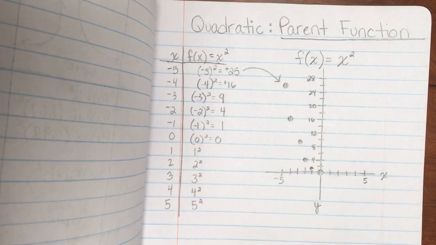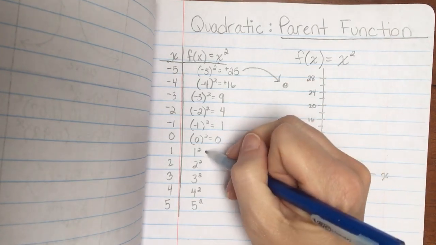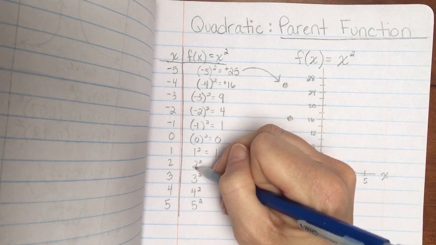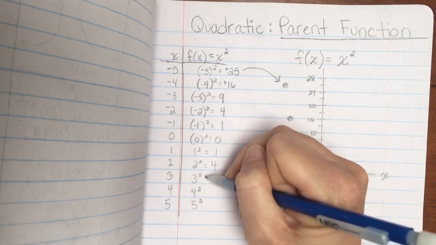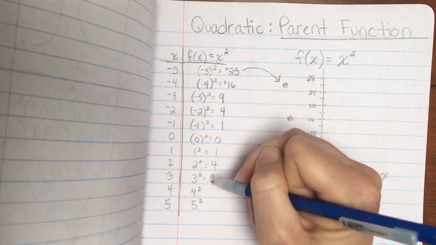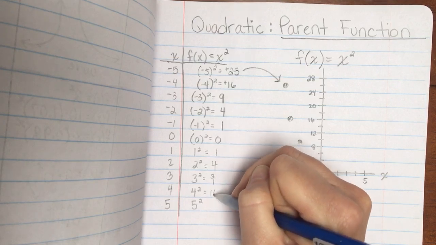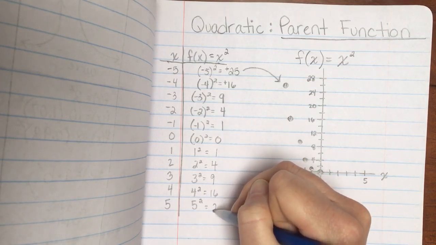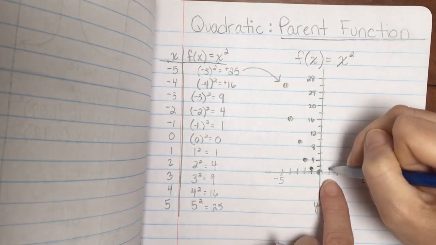Remember, squared means something times itself. 1 times 1 is 1. 2 times 2 is 4. 3 times 3 is 9. 4 times 4 is 16. 5 times 5, 25. So let's plot those points.